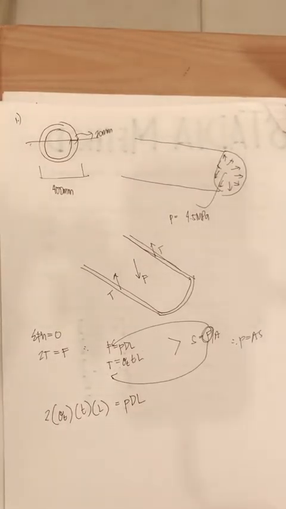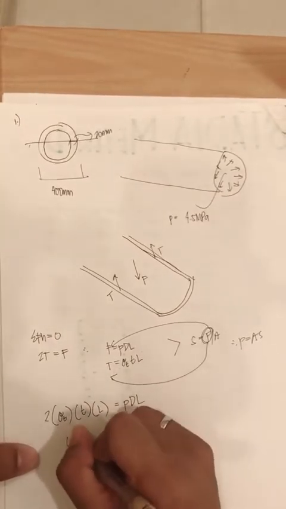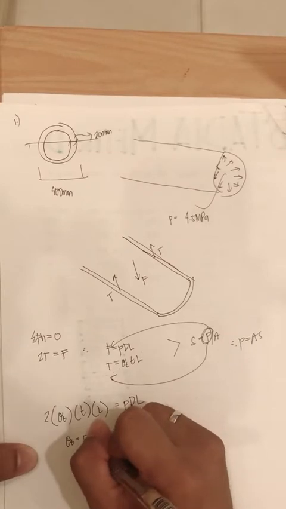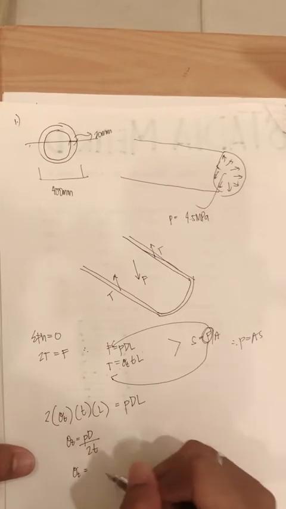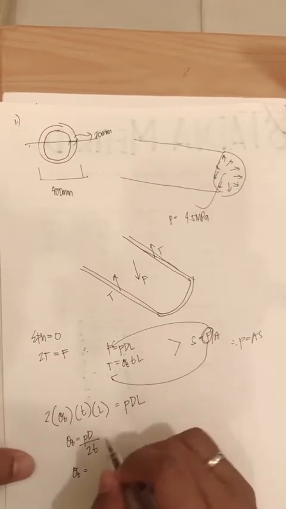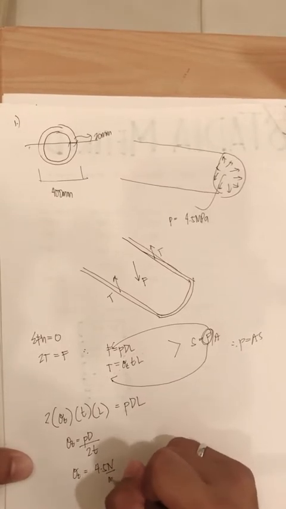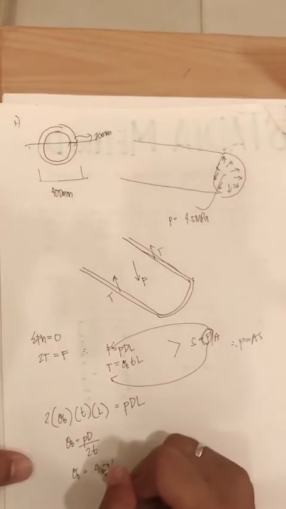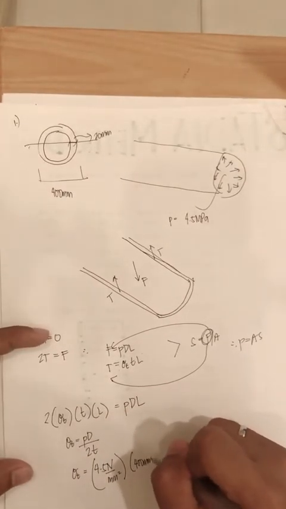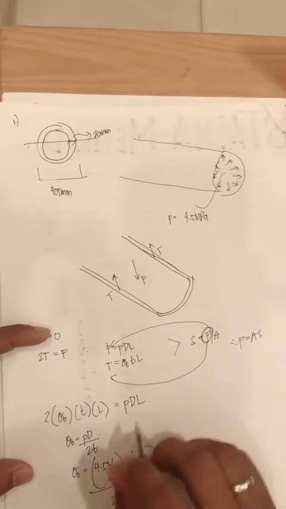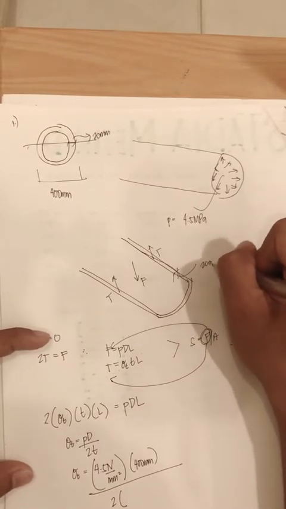By rearranging the equation, stress T is equivalent to P D divided by 2t. Ilan yung pressure natin? Ang pressure natin is 4.5 megapascal, Newton per mm squared, times D, diameter is 400 mm, divided by 2 times t, and the thickness of our wall is 20 mm.